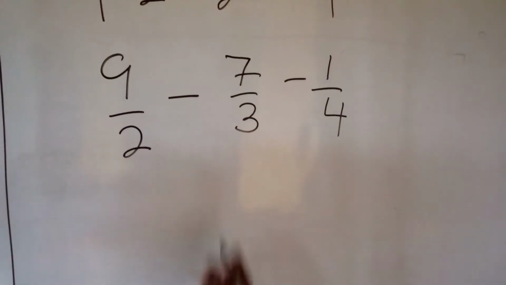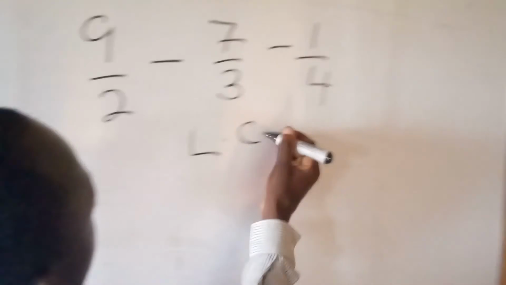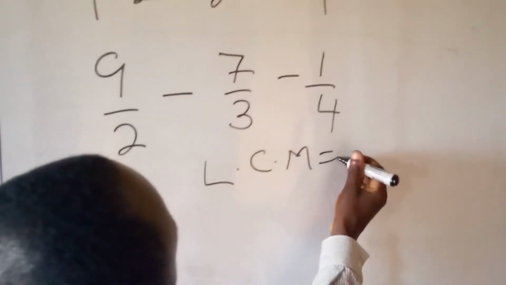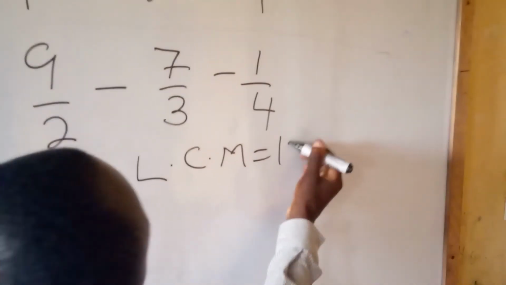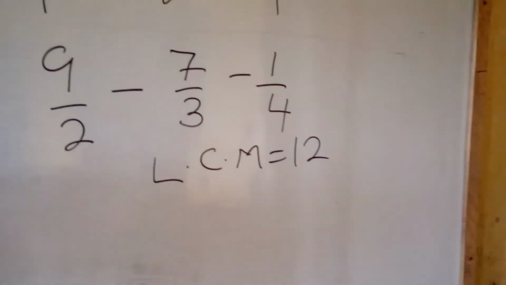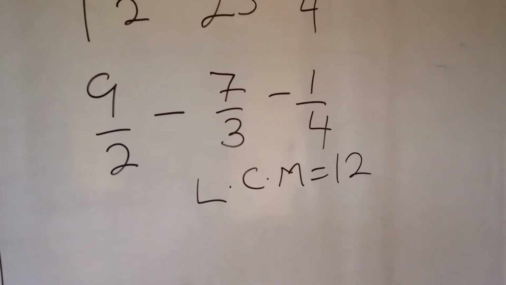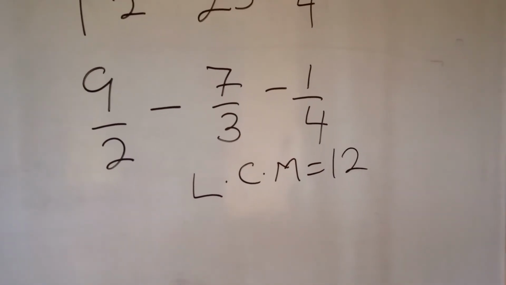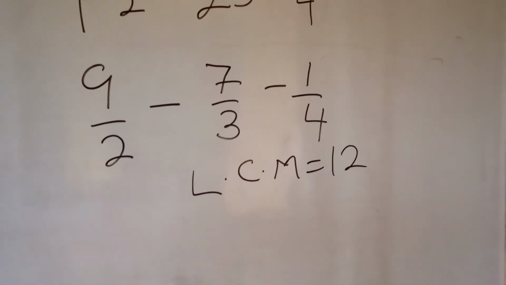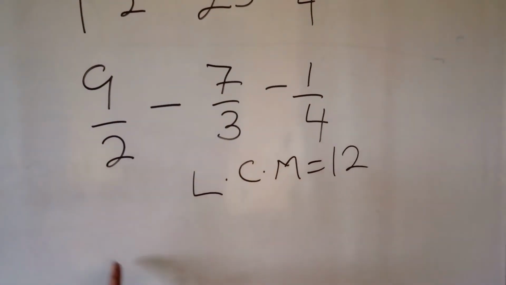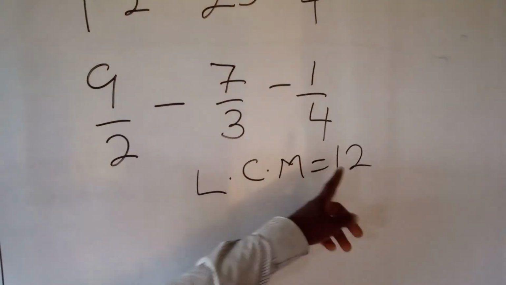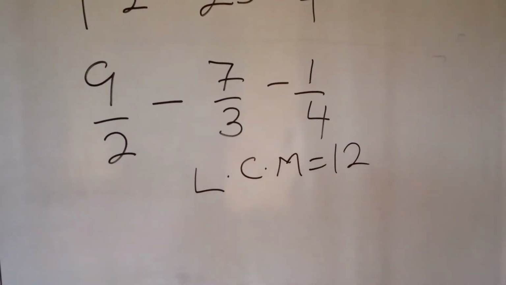The next step for us is to find our LCM. And the LCM is 12. Because I believe now we all know how to find our least common multiple. That's the least number that is divisible by these, and it's 12.